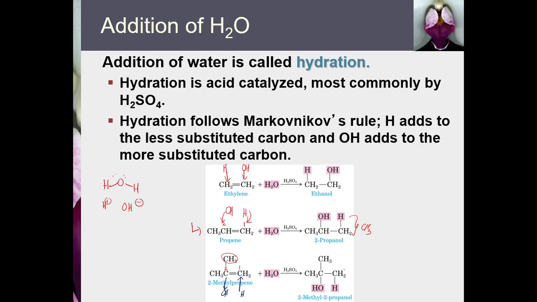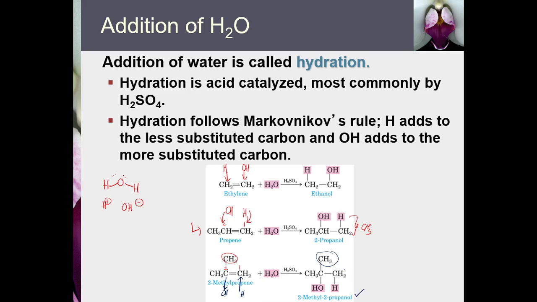Okay? So the name is 1, 2, 3, met, eth, prop. So propanol because of the OH. Where is the OH? At carbon position number 2. And then you have another substituent which is methyl. Where is the methyl? It's in the second carbon position. So the naming is 2-methyl-2-propanol.